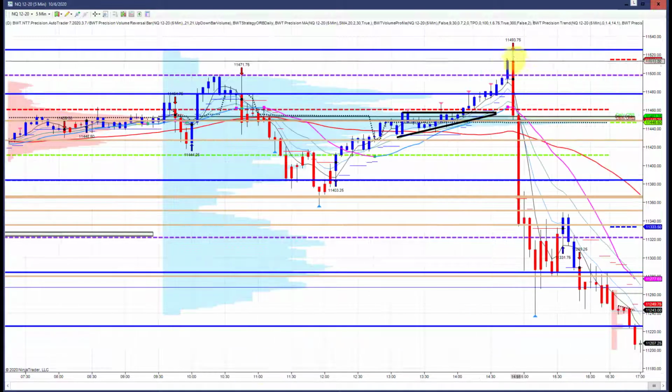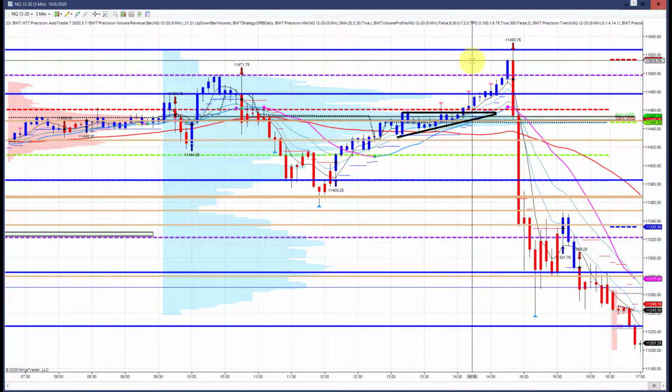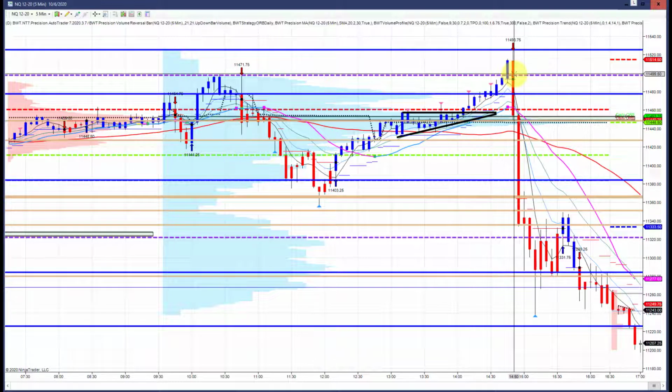Now right here, the market rallied from here up to about 11,525, and this is where the president announced there would be no stimulus. He was cutting off the stimulus talks, and the market didn't like that.